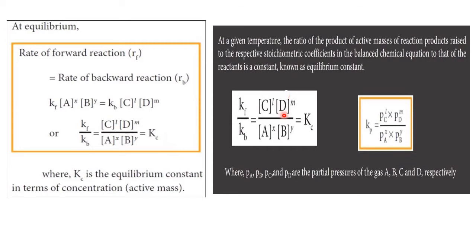It is a product, in both Kp and Kc, of products and reactants. Here Pa, Pb, Pc and Pd are the partial pressures of the gases A, B, C and D respectively. Kc is the equilibrium constant in terms of concentration or active mass. Kp is the equilibrium constant in terms of partial pressure.